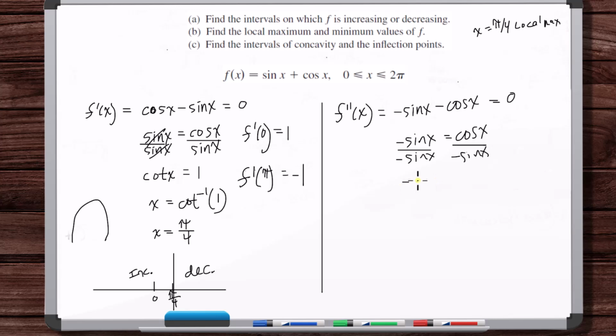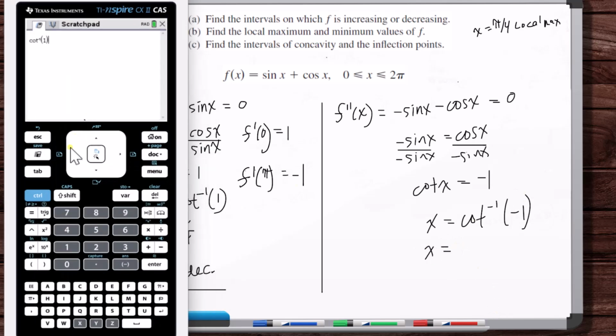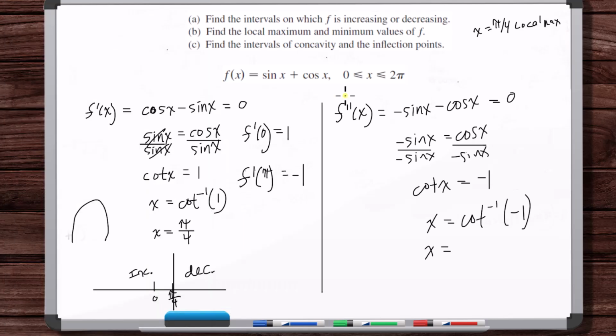So minus tangent of x is equal to 1, well, tangent of x is equal to minus 1, which means that x is equal to 3 pi over 4.